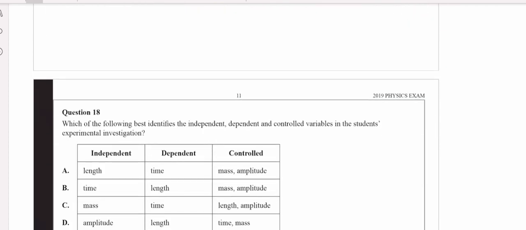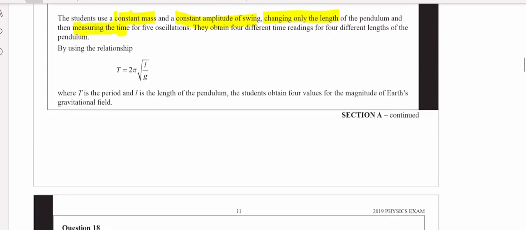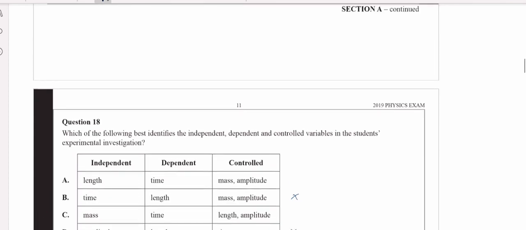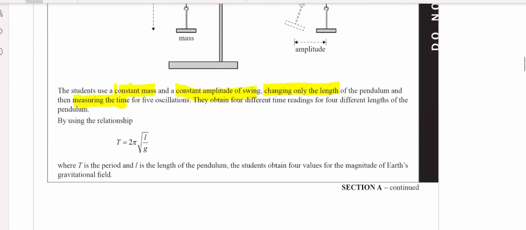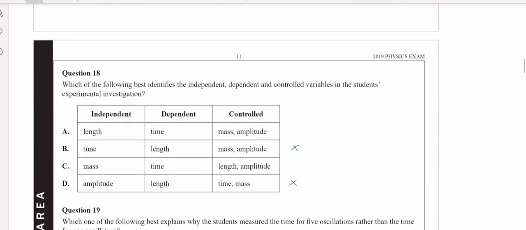Which of the following best identifies the independent, dependent, and controlled variables? So the measuring of time will be our dependent variable. They are controlling the mass and amplitude, so it can't be this. It's the only one left, isn't it?